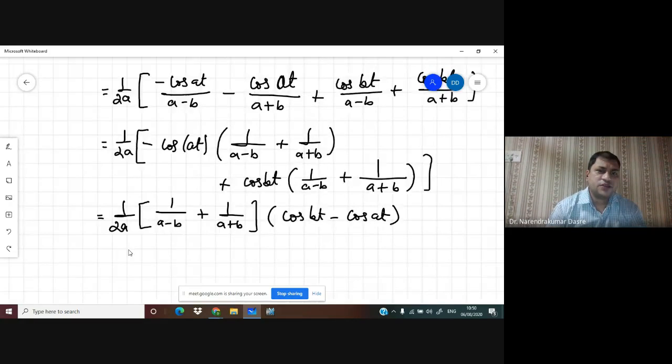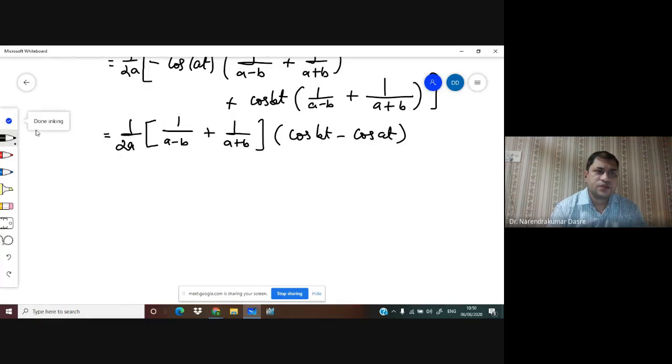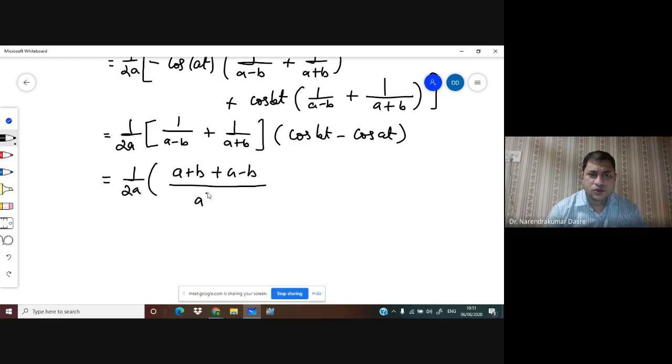Now let us simplify this. We have 1 by 2a. By cross multiplication, we have a plus b plus a minus b upon a square minus b square, and this is cos of bt minus cos of at.